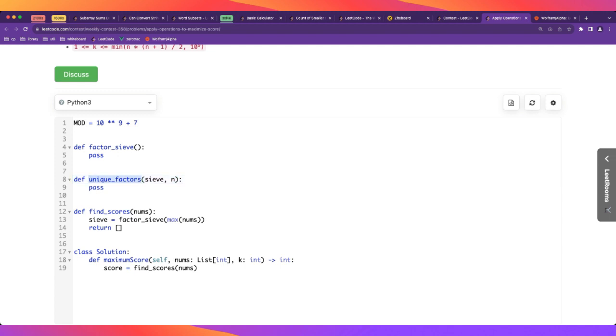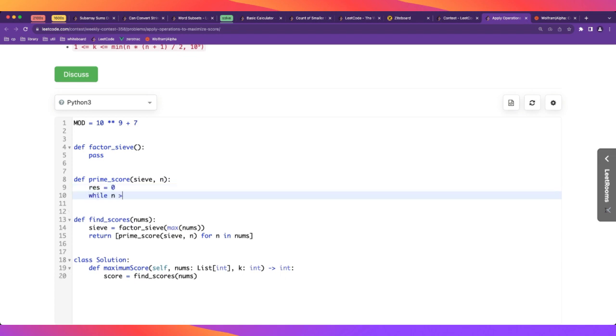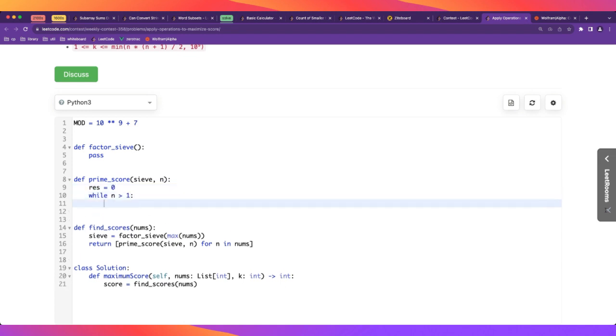Well, maybe we can even call it like that, prime score. So here we want the prime score, using the sieve, of every number in nums. And let's assume that we already have this.